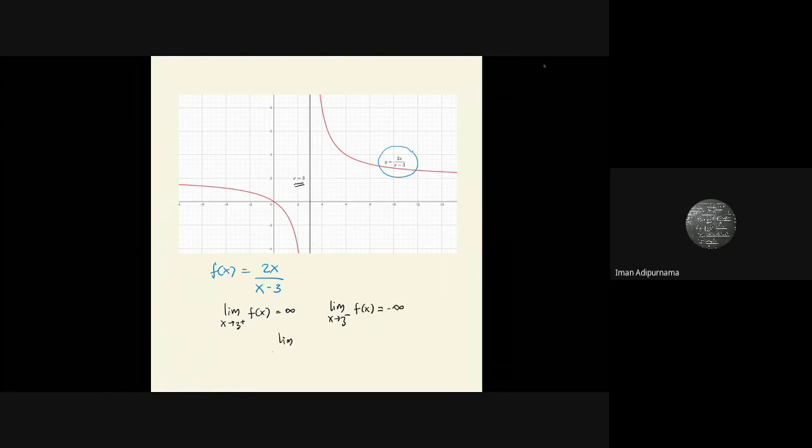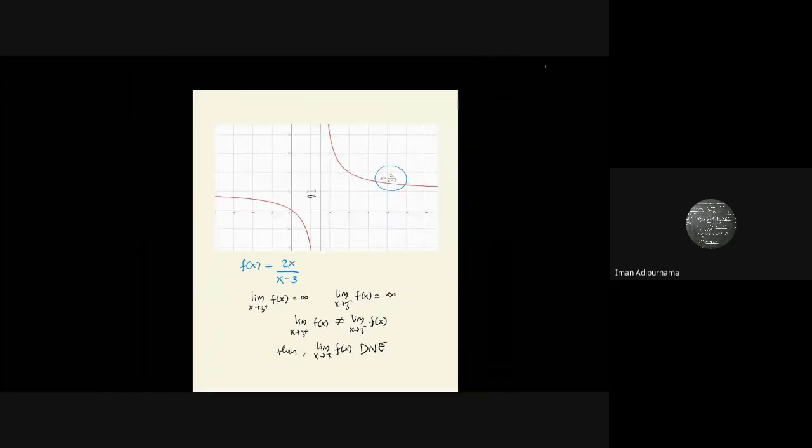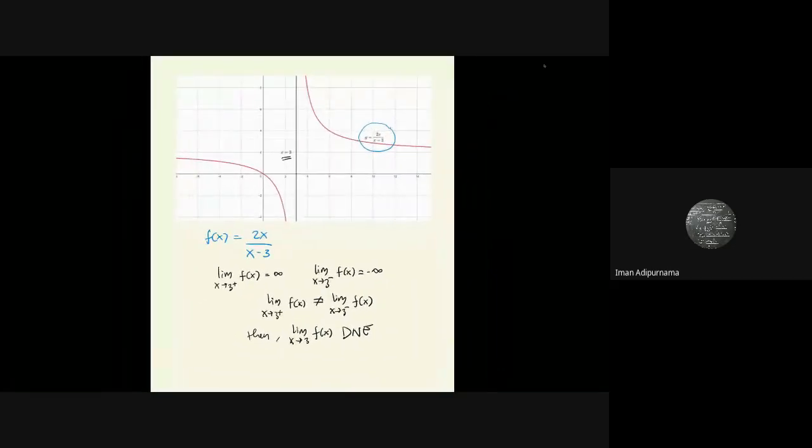But because these are not the same, this limit doesn't exist.